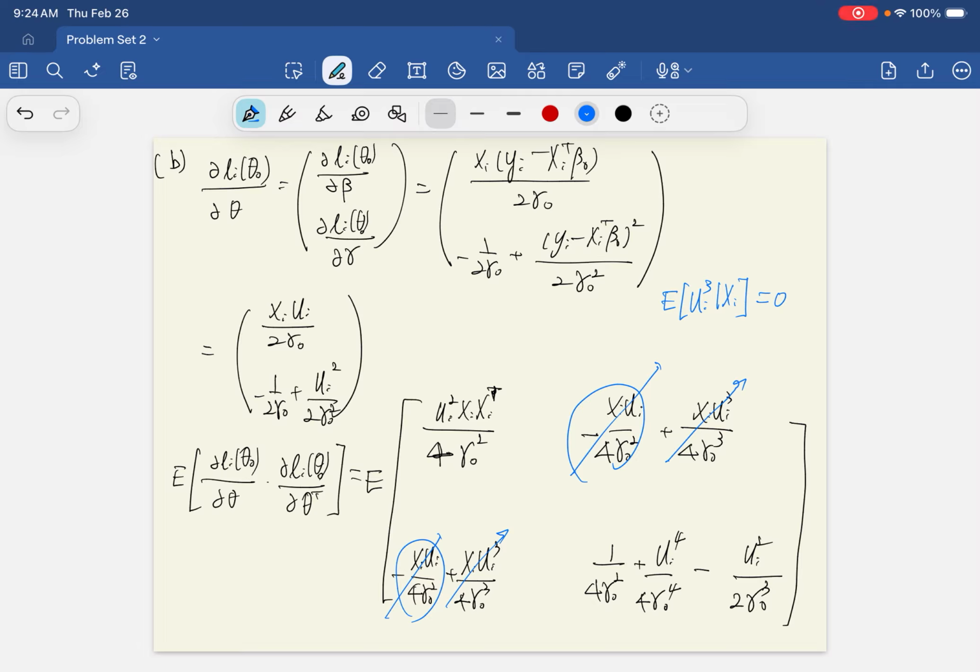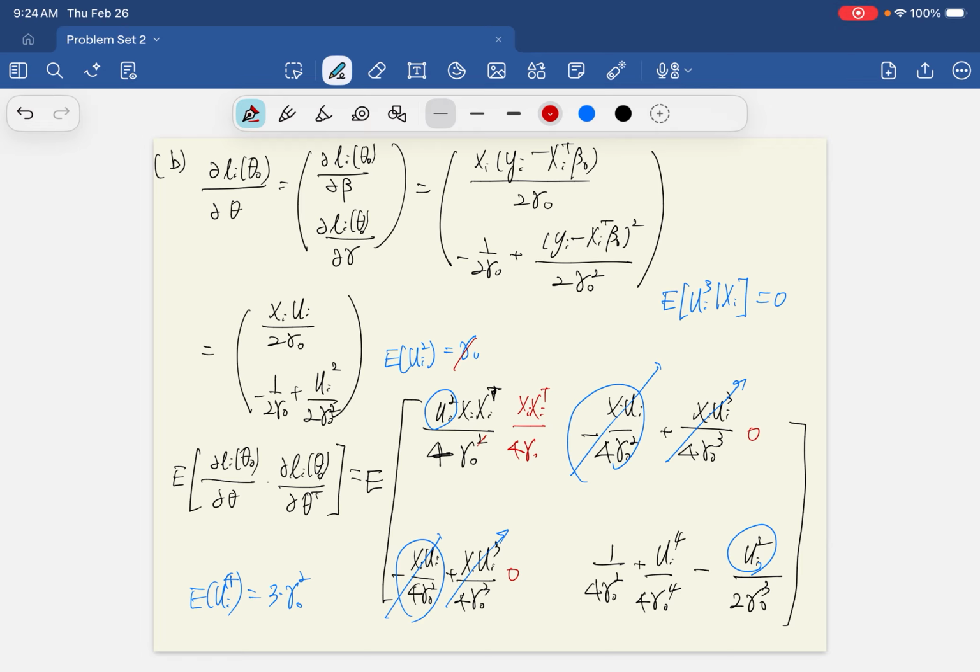Now remember, the expectation of ui squared is gamma 0, and we can apply that here. And the expectation of ui to the 4th is 3 times gamma 0 squared. So we are going to plug them in here. Then let's see. This cancels out one of them, so it's xi xi transpose over 4 gamma 0.